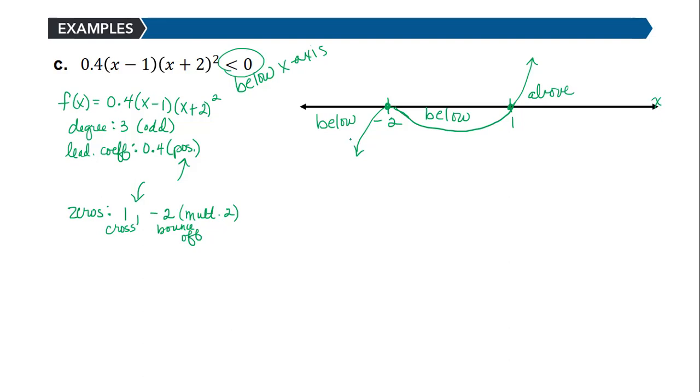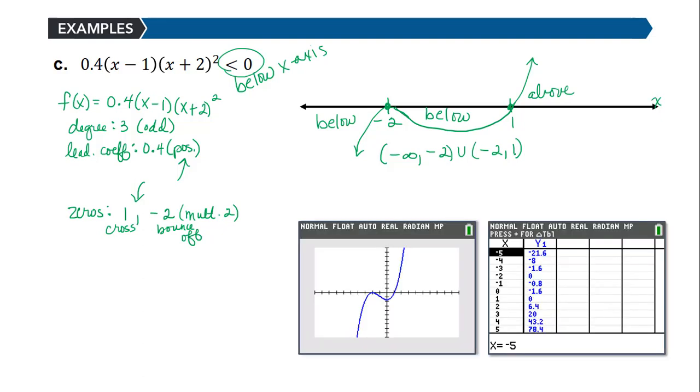And so right there I would know my solution set is -infinity to -2, parentheses, union, parentheses, -2 to 1, close parentheses. Now again, if you don't want to graph by hand, you could use your calculator, sketch the graph by inputting this function into y1, and you can see the same behavior that we just found.